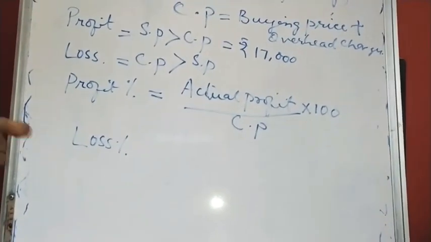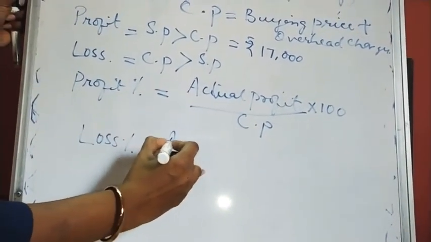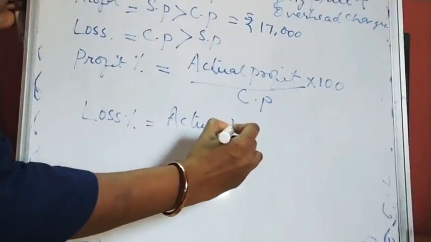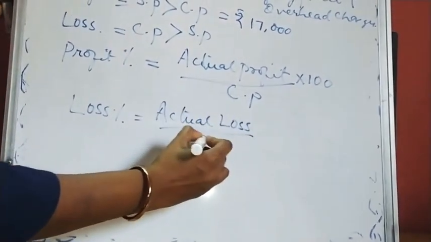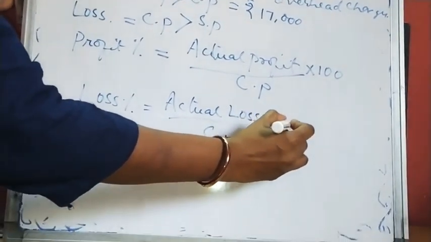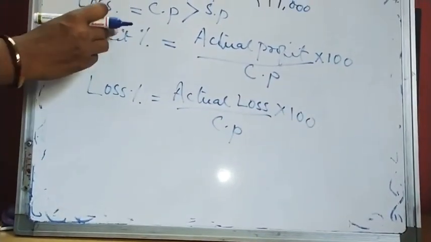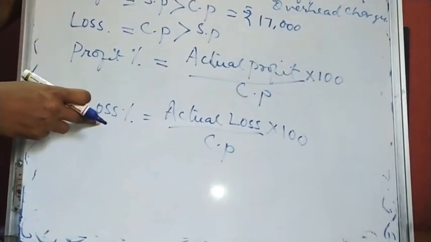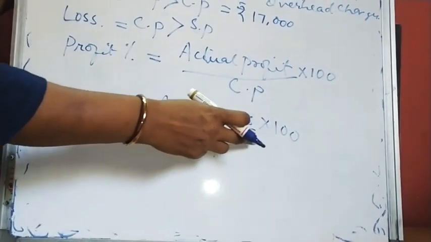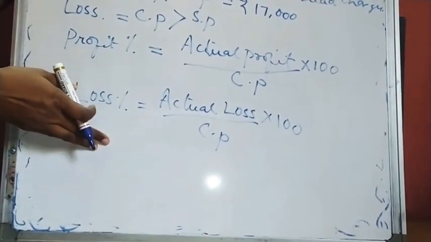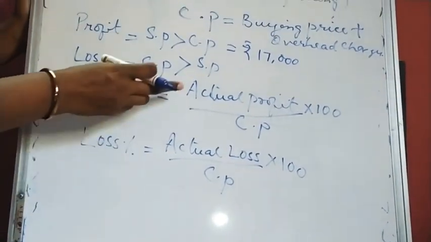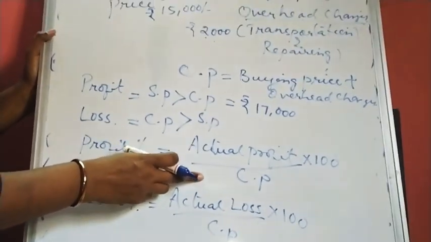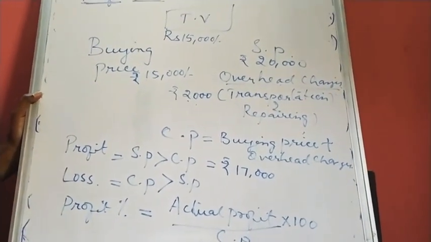And the loss percent is equal to actual loss upon CP into 100. In both the cases, children, we must remember that both of them are calculated over your cost price.